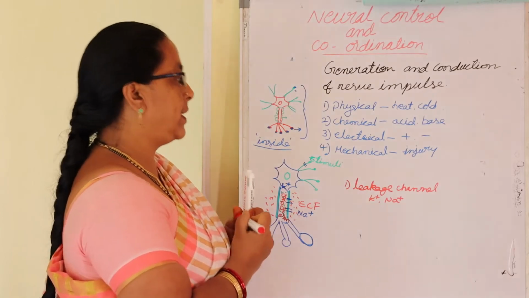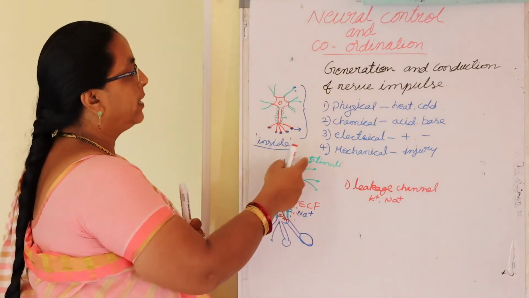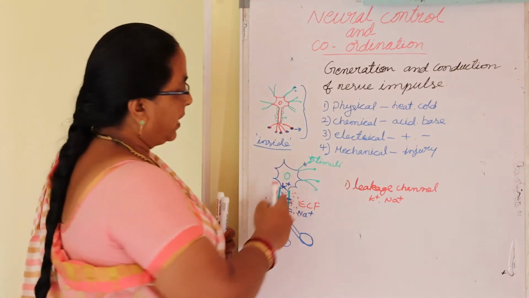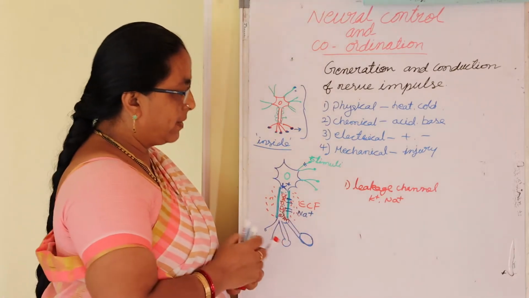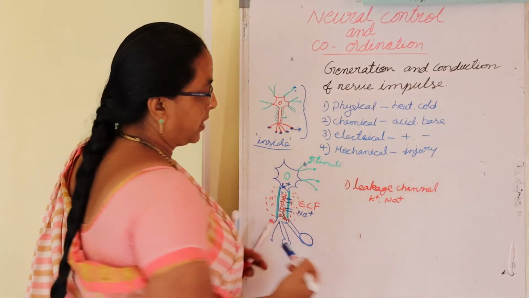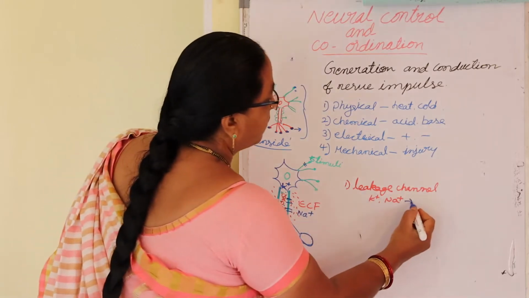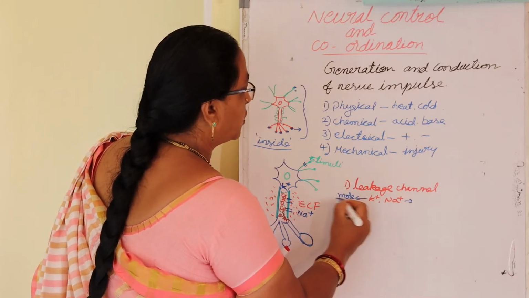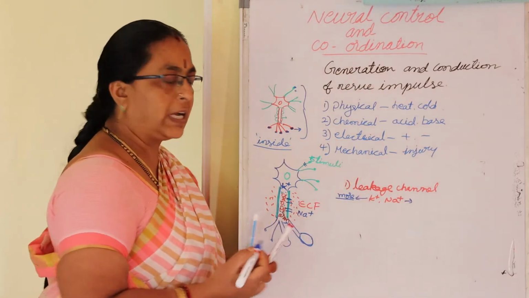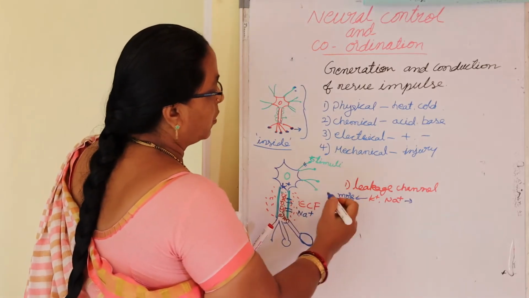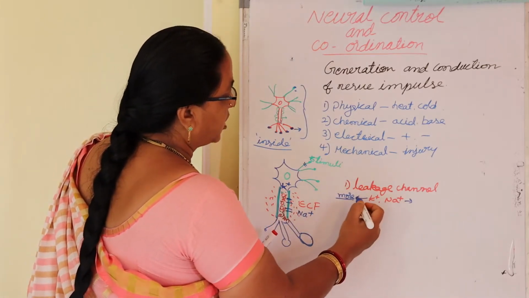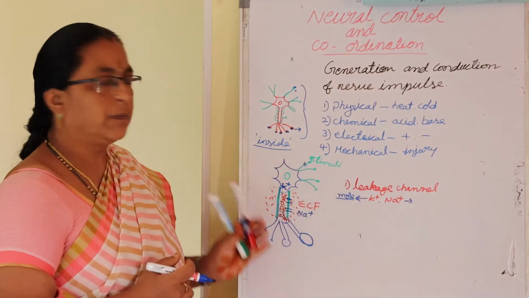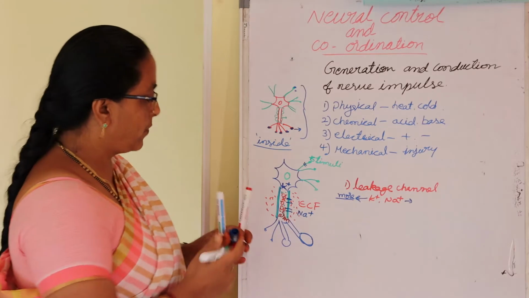These leakage channels are present in the dendrites area and axoplasm area. So this membrane contains leakage channels, sodium and potassium. More potassium channels are present. Due to that, the membrane or axolemma allows more potassium into different places.